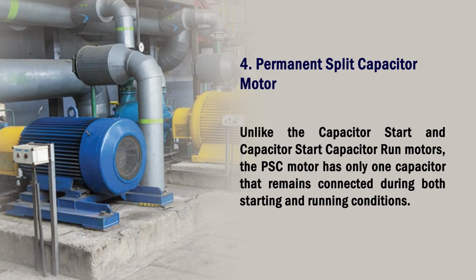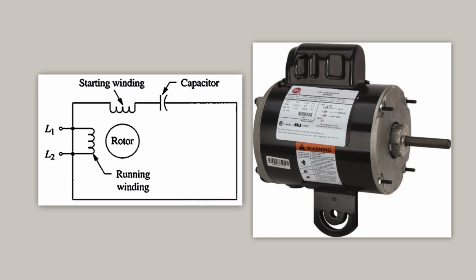Unlike the capacitor start and capacitor run motors, the permanent split capacitor motor has only one capacitor that remains connected during both starting and running conditions. The following figure shows the circuit diagram for the permanent split capacitor motor and the actual picture of permanent split capacitor motor.